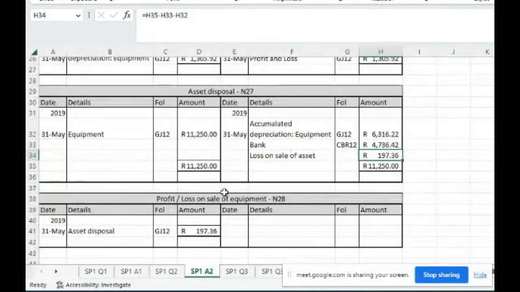And then the last one that I have to do now is take this loss on the sale and put it in the profit and loss account, and I just do that as a contra transaction.